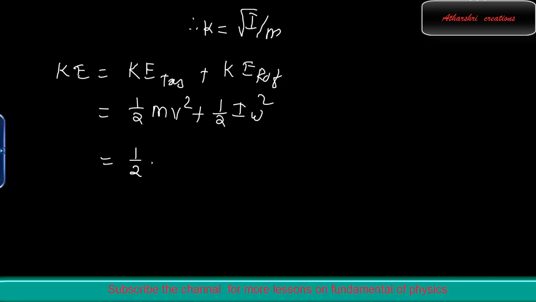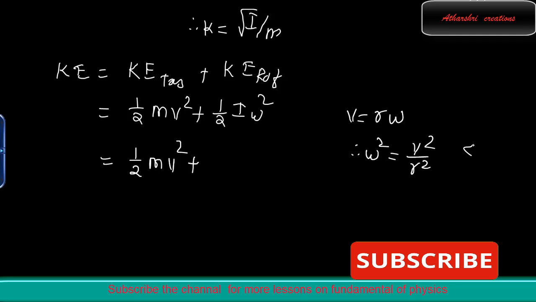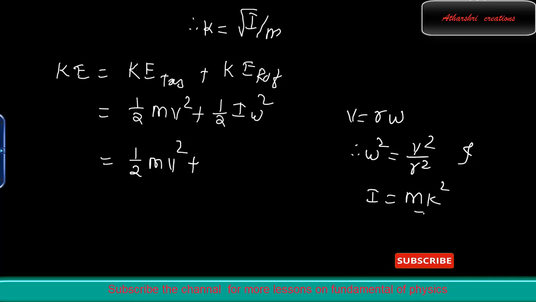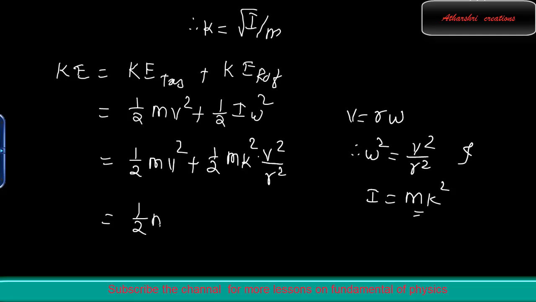Now substitute the values: half of m v square plus, since v equal to r into omega, omega square equal to v square upon r square, and also as I equal to m k square, substitute these two values here: 1/2 m k square v square divided by r square, or we can write this as half of m v square plus half of m v square multiplied by k square divided by r square.